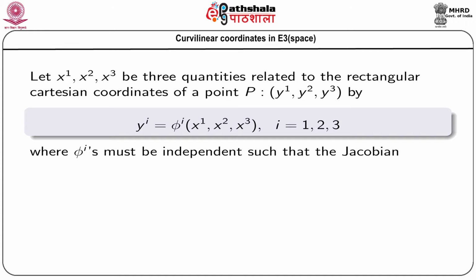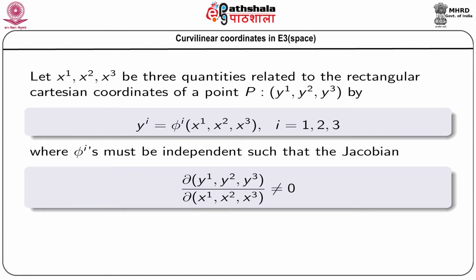and we have to assume that the φ^i's must be independent such that the Jacobian will not vanish. That means ∂(y1, y2, y3)/∂(x1, x2, x3) will not equal 0. For the inverse transformation to exist, we need this condition.